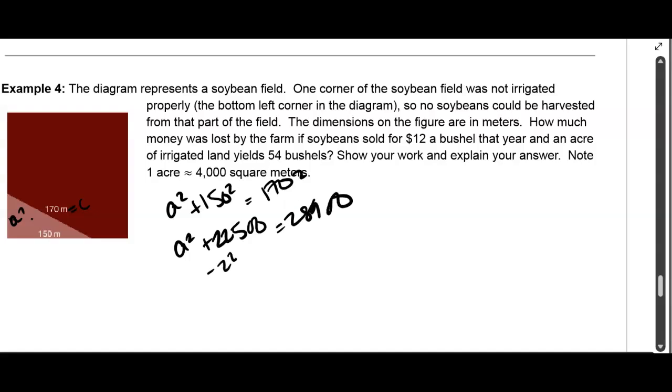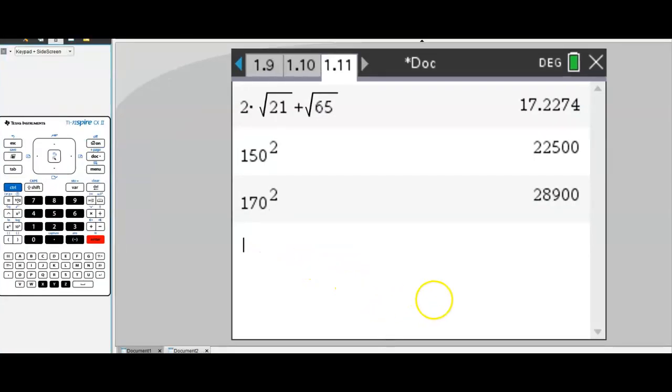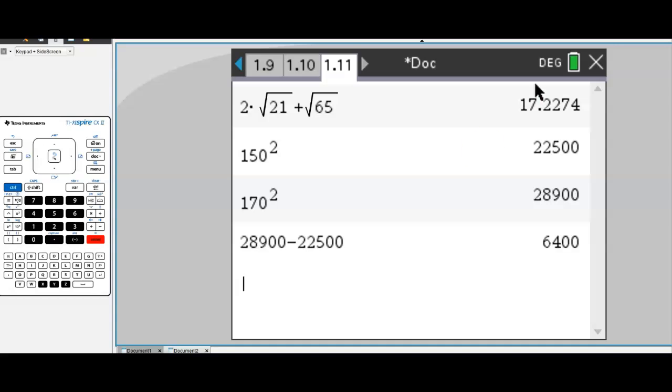28900 minus 22500. A squared equals 28900 minus 22500, which is 6400.